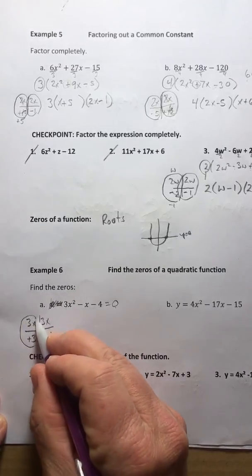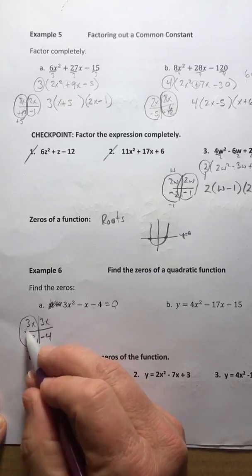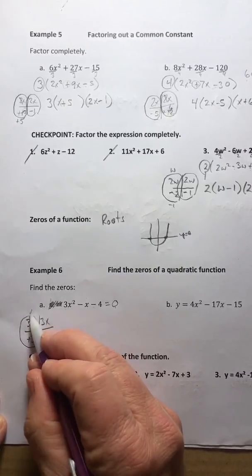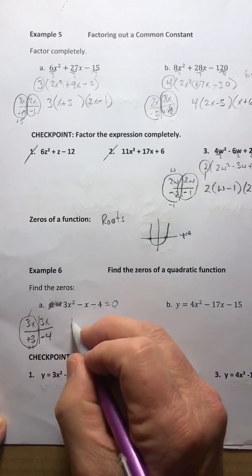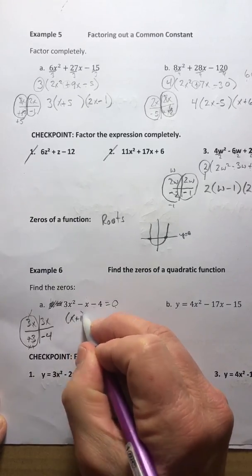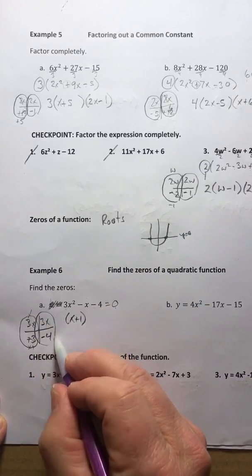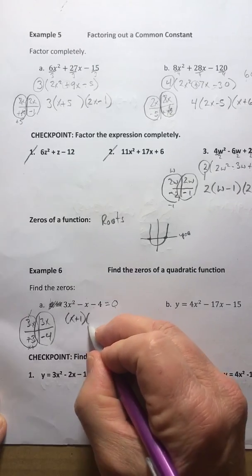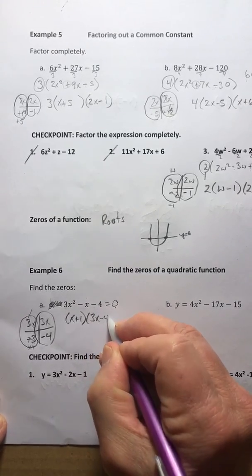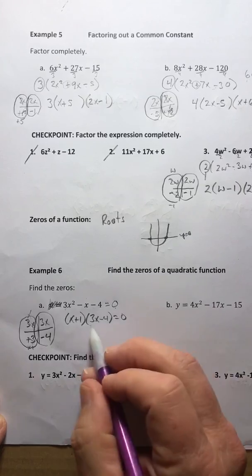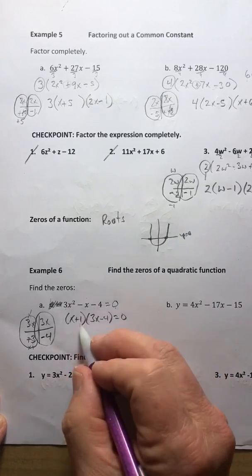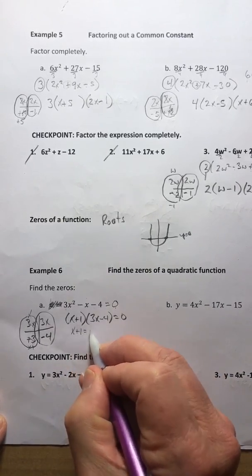All right, then we can factor a 3 out of both of these, so this becomes an x, and this becomes a plus 1. So it gives us x plus 1. And then the 3x minus 4, we can't factor anything out of it, so we leave it as 3x minus 4. Now we find the zeros, so we got to finish this off. So we set x plus 1 equals 0.